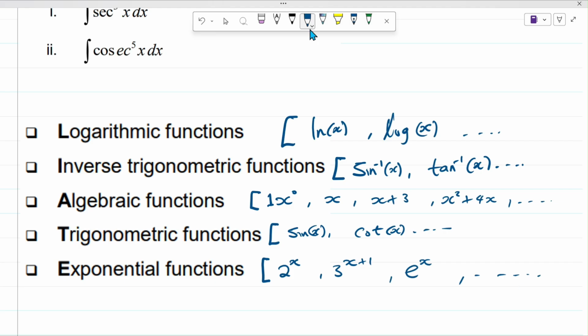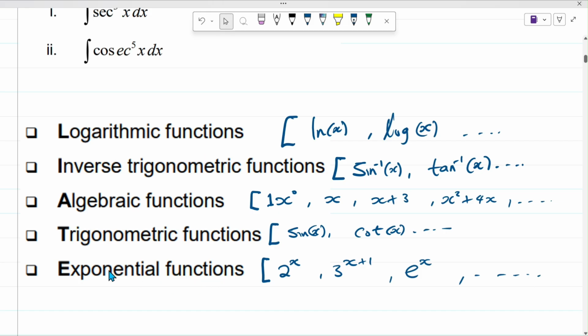Okay, now that you know the different types of functions, I told you that we are going to use this order called linearity. You understand? So according to this order, a function that comes first, we start from the top there, we differentiate it.